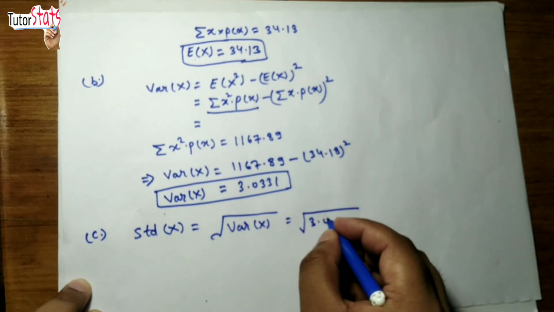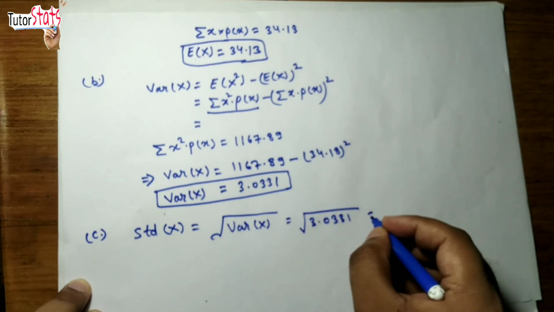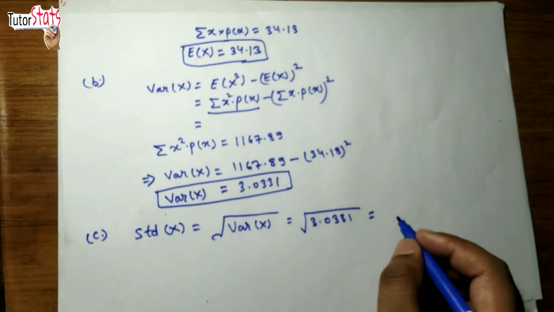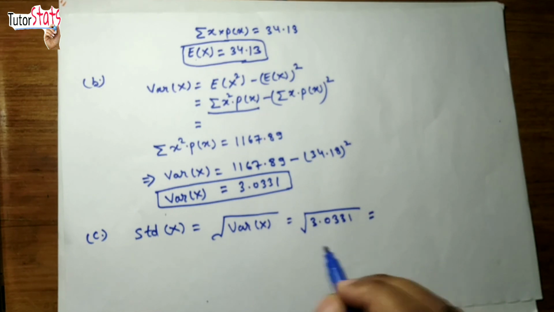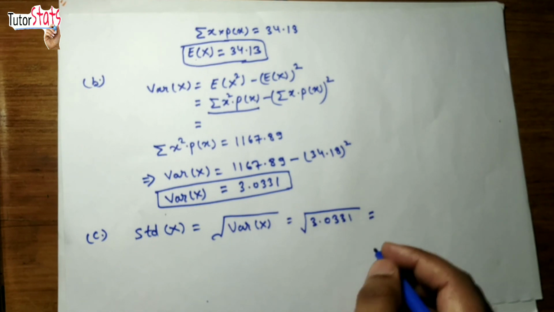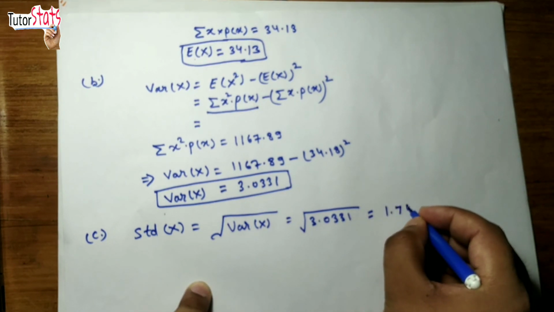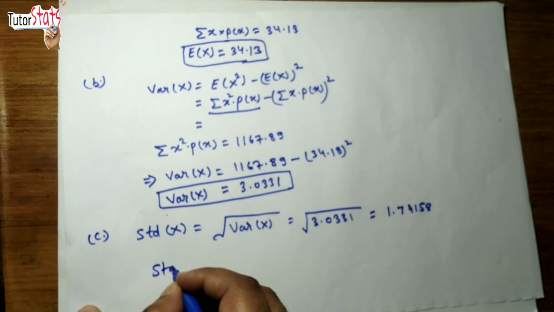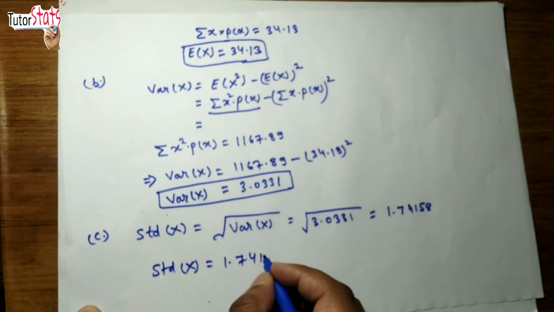We will put in the value of variance of x, and the square root of this value is 1.74158. The standard deviation value of the random variable is 1.74158.